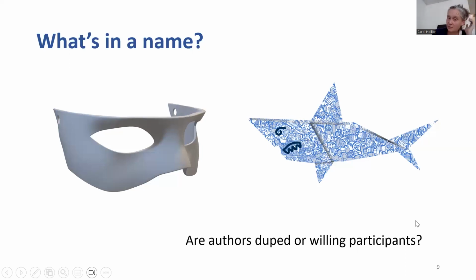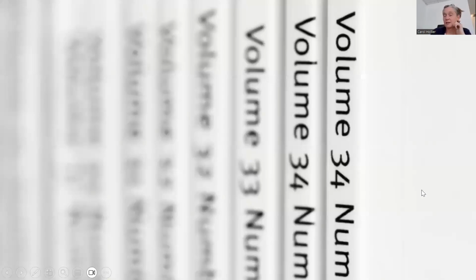So the answer to the question of whether they're being duped or if they're willing participants is that there's probably some of both. So how does this happen? How has this become such a problem? It really is a combination of two things. One is the publish or perish atmosphere, that academics need to publish in order to progress their careers.